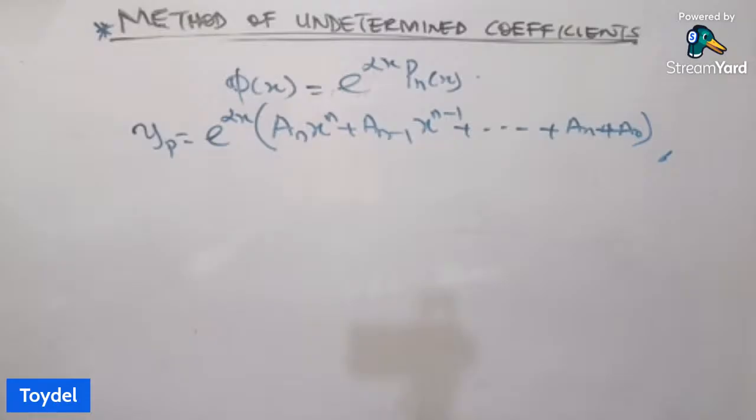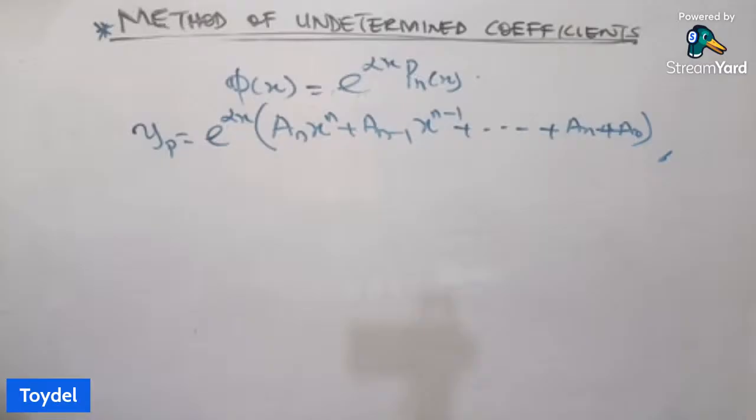Then another condition is that if any term of the assumed solution, disregarding multiplicative constant, is also a term in y of c, then the assumed solution must be modified by multiplying it by x raised to the power m, where m is the smallest integer that removes the duplication.